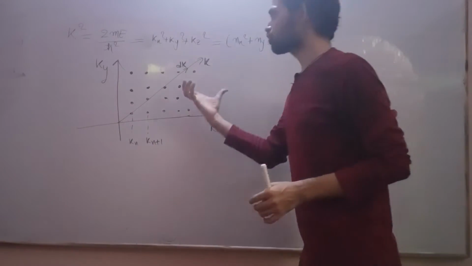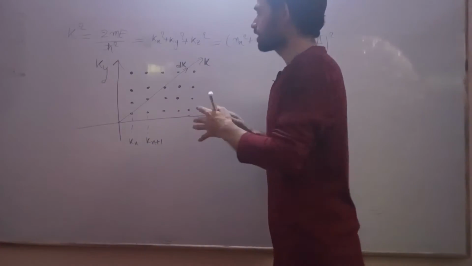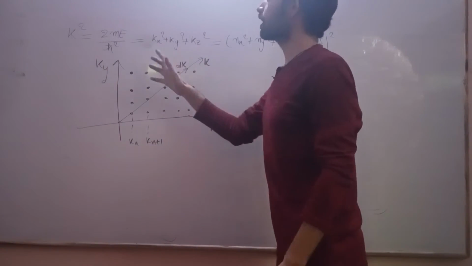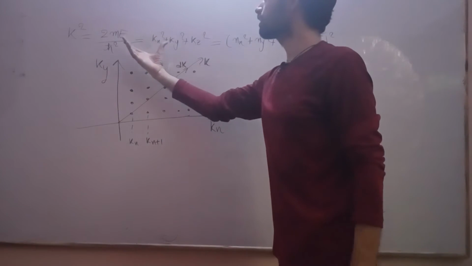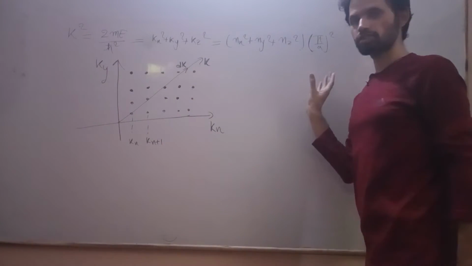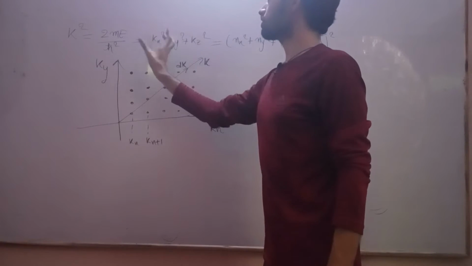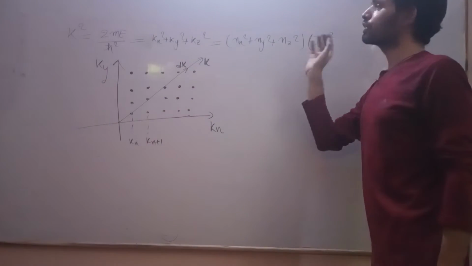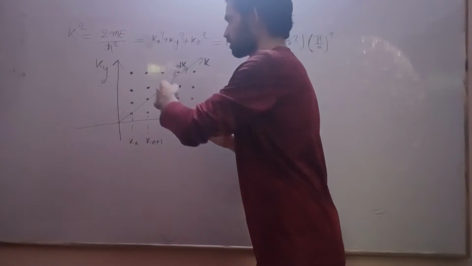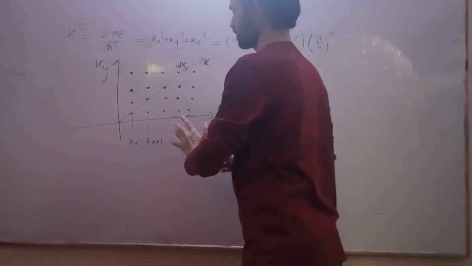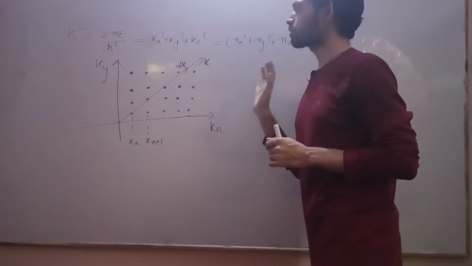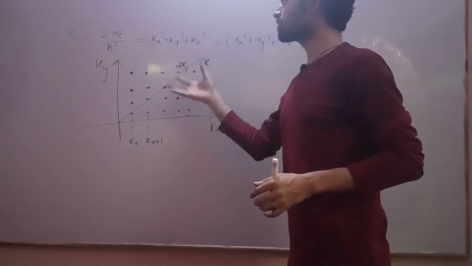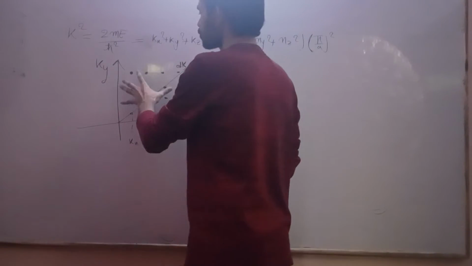We are plotting allowed quantum states in two dimensional space, because we have extrapolated the one dimensional infinite potential well result into this three dimensional k space. Then we are just plotting the two dimensional array of allowed quantum states.